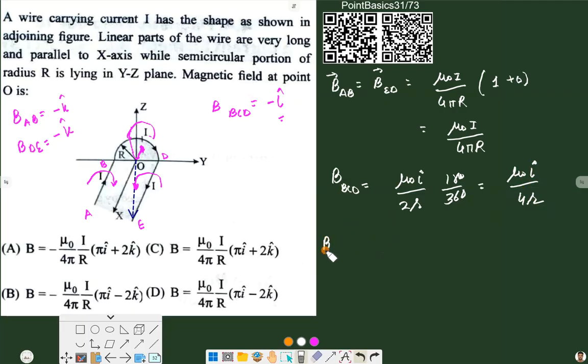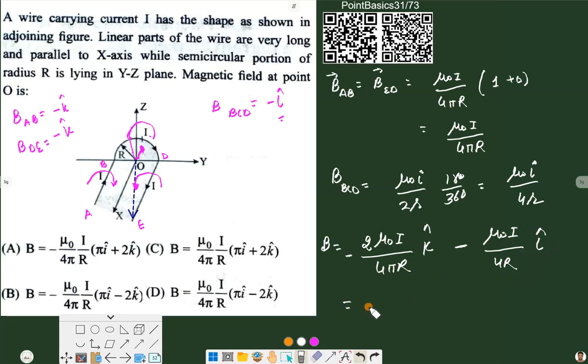So now let's write the total field. Due to these two conductors, the field is in the negative k direction, so their total field will be twice of this value, twice of mu naught I by 4 pi R in the negative k direction. And due to the semicircular loop, we have the field in the negative x direction, so negative mu naught I by 4R of i.